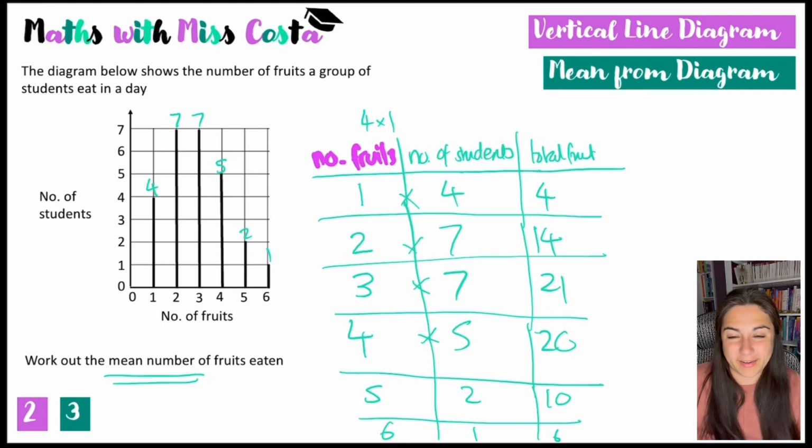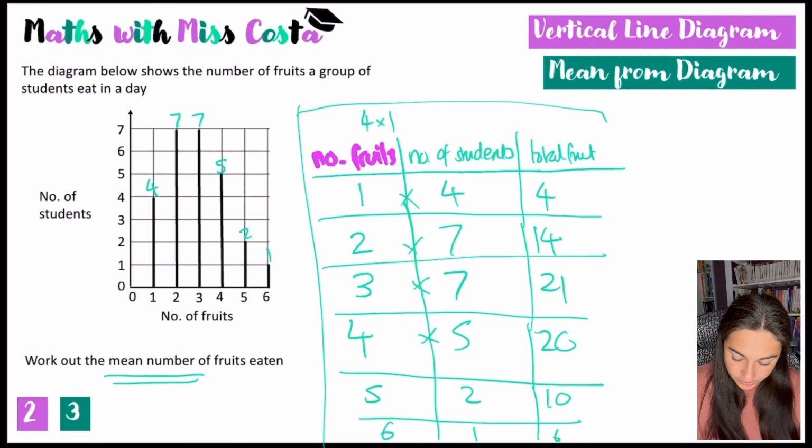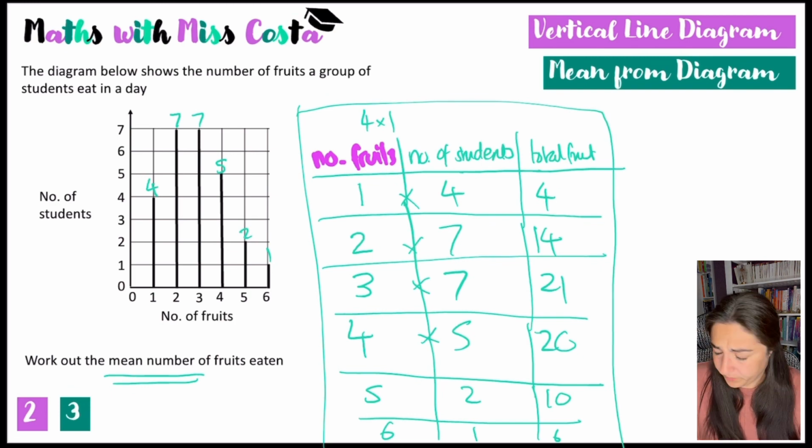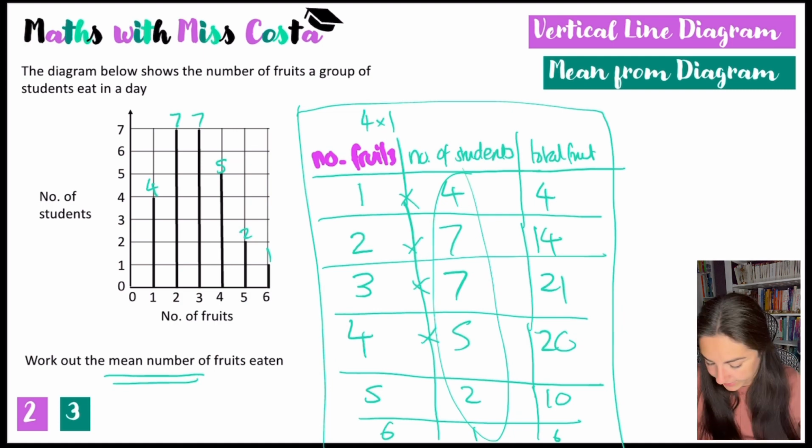So this is kind of like working out the mean from a frequency table. You've just drawn your own kind of frequency table. And how do you work out the mean? You add all the values together and divide by how many there are. So how many students have been asked? Let's figure that out first.